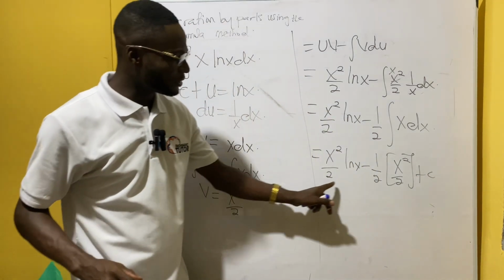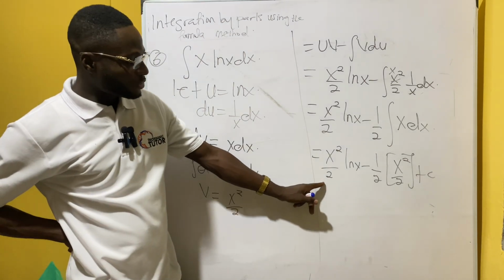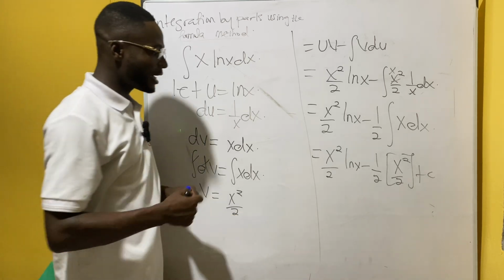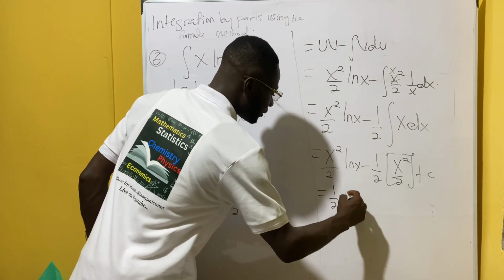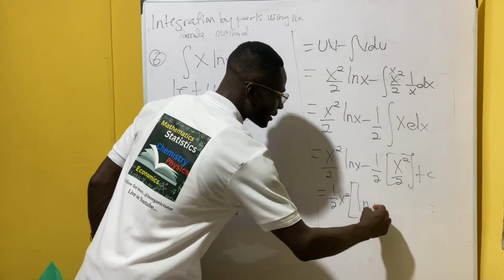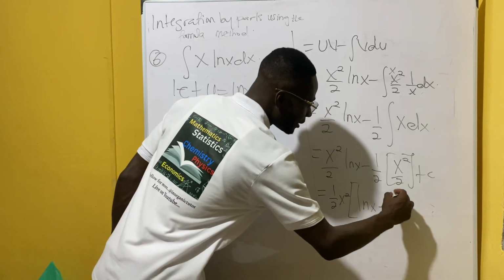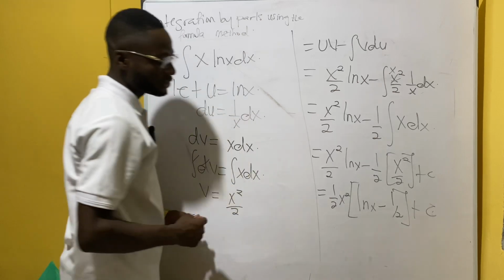But this right here, we can see that half x squared is common to these two items. So we can factor half x squared out, right? So when we do that, we're going to have ln x inside this, then minus half, plus a constant of integration.